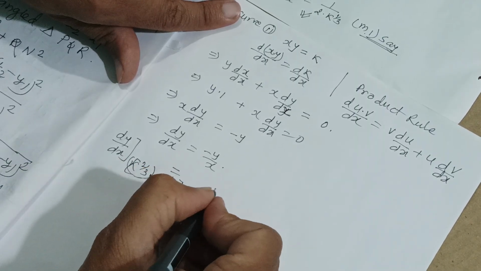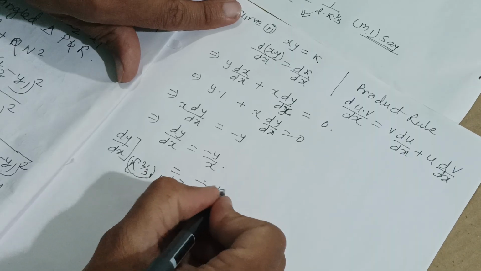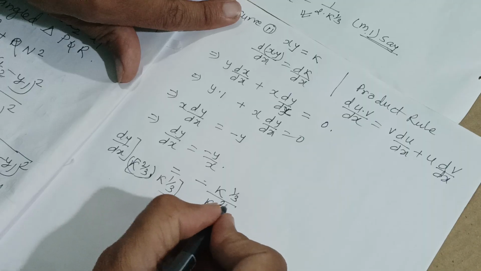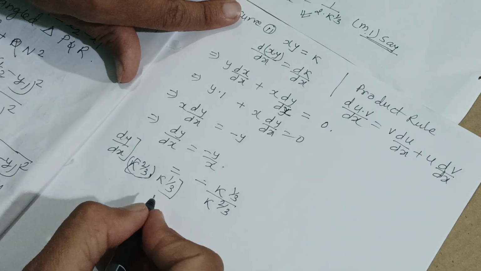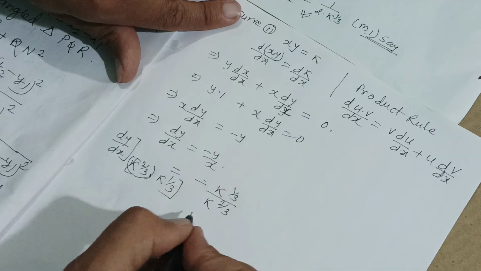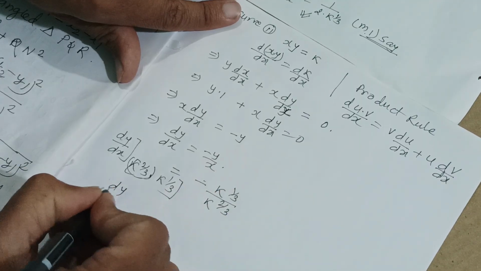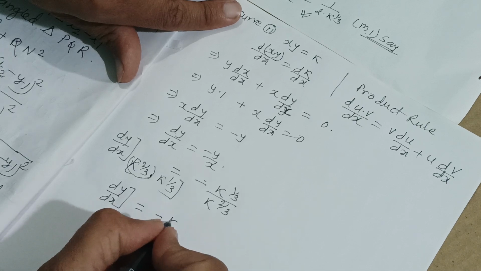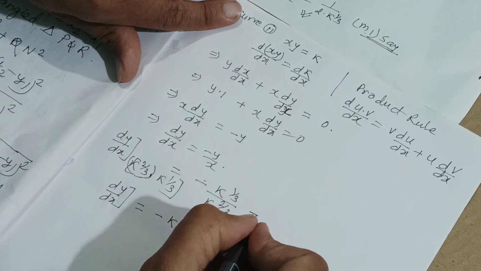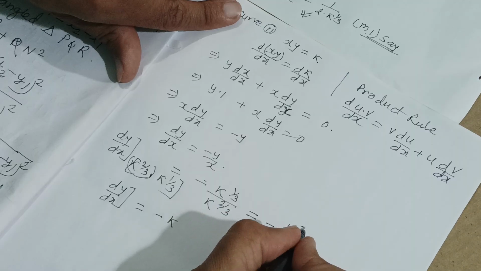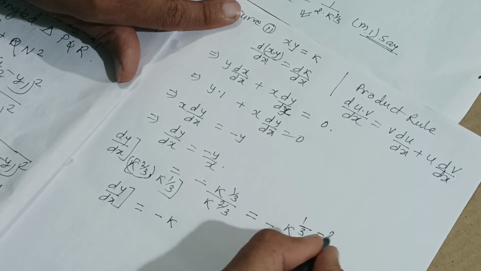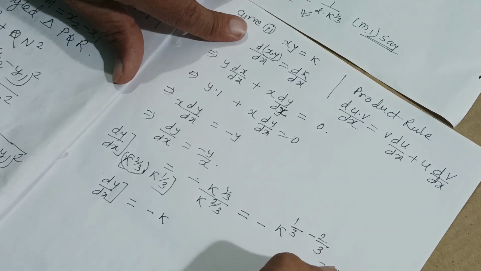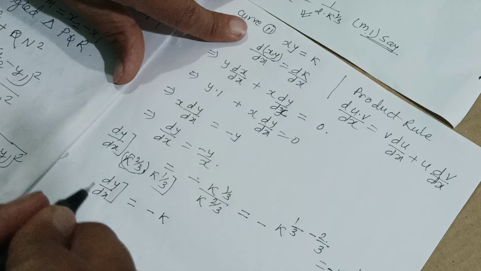So the value of dy upon dx is minus k to the power 1 by 3 divided by k to the power 2 by 3. Simplifying, dy upon dx at this point is minus k to the power minus 1 by 3.